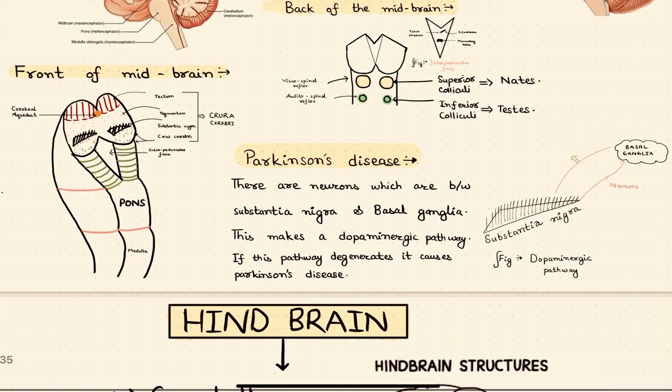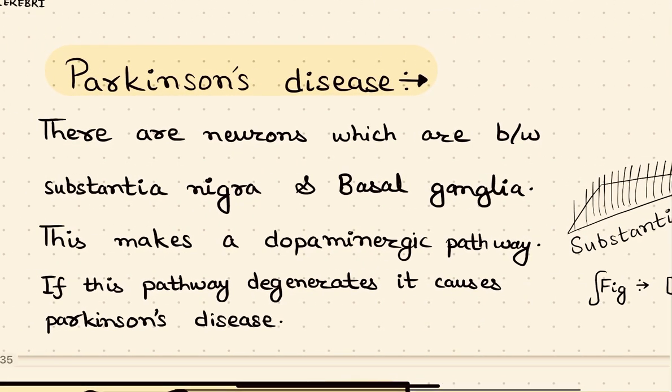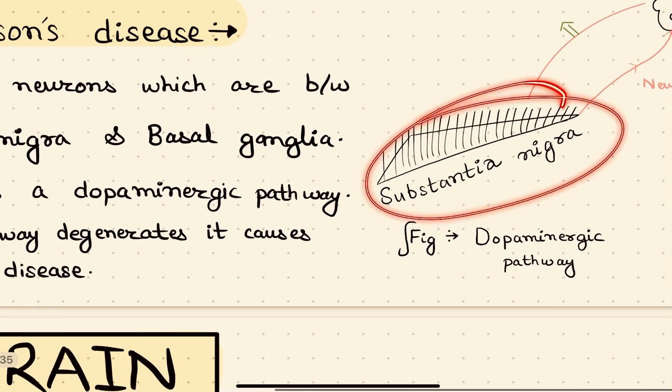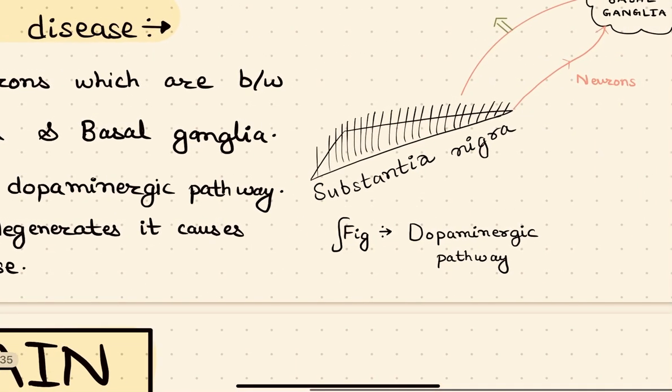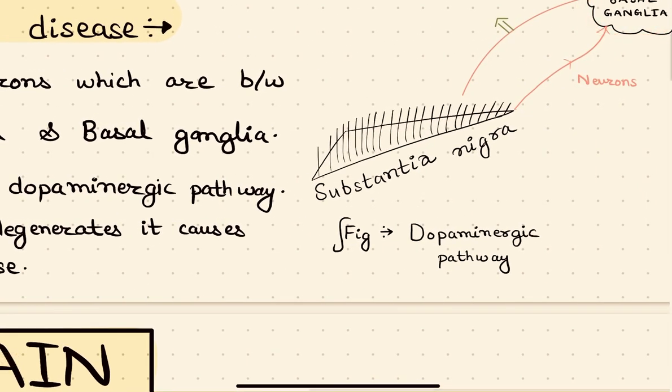Now let me tell you about an important disease which is associated with the midbrain. Between this substantia nigra, present in the cerebral peduncle, and the basal ganglia. What are these basal ganglia? I made you understand in the forebrain that basal ganglia are the association of cell bodies in the CNS, and they are deep in the cerebrum.